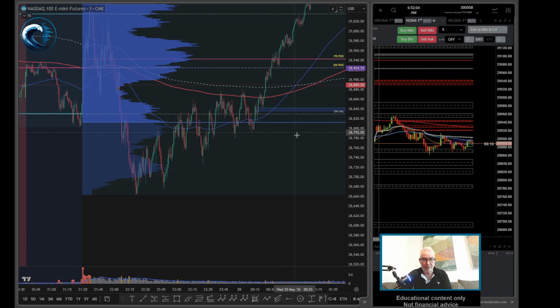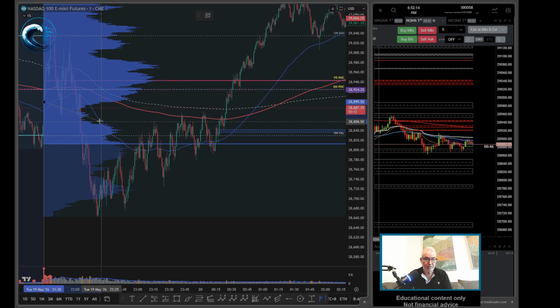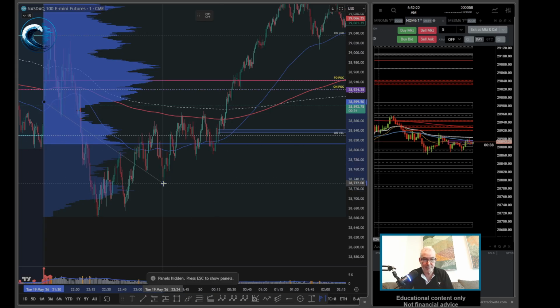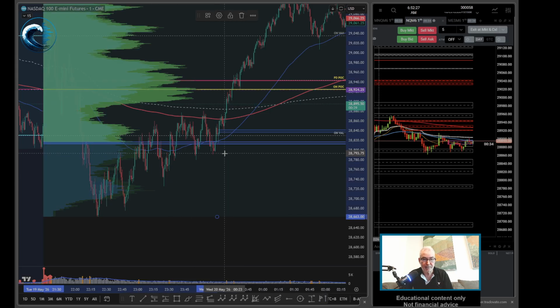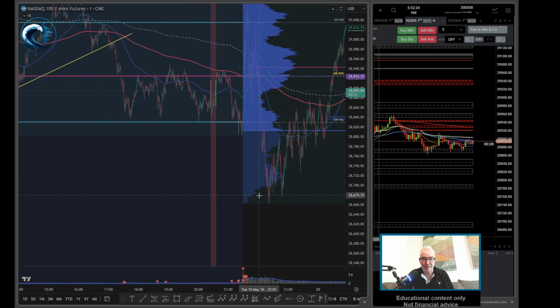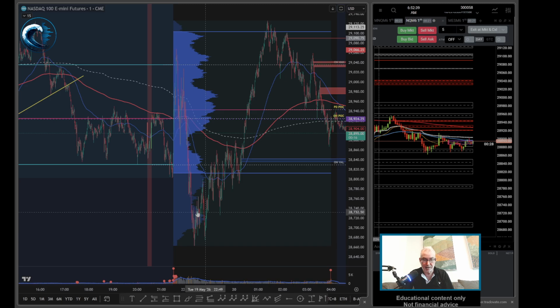Depending what the nodes were looking like then, but actually let's look. Taking these overnight lows, that would have been the point I'd be looking at, even way down here.